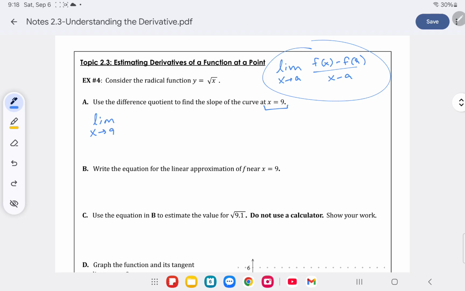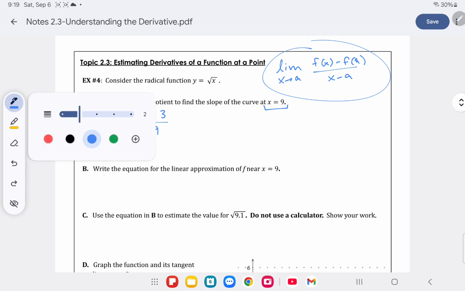So we have the function square root of x minus the function at a, or in this case at 9. Square root of 9 is 3. All over x minus that x value, which again is 9. If I directly substitute 9 right now, I get 0 over 0.